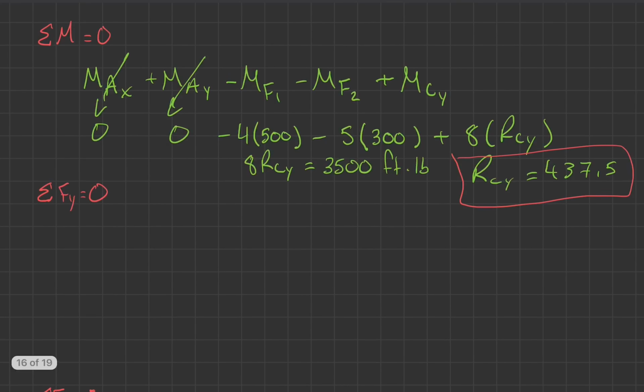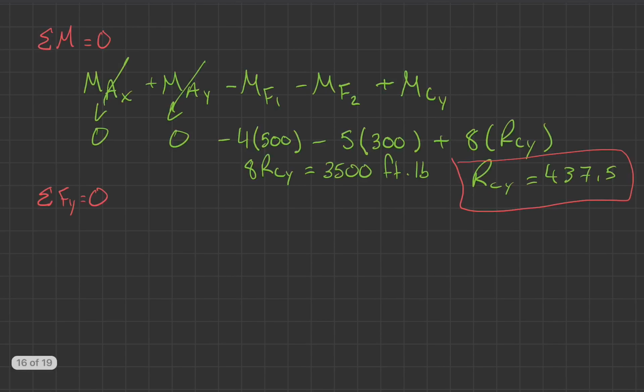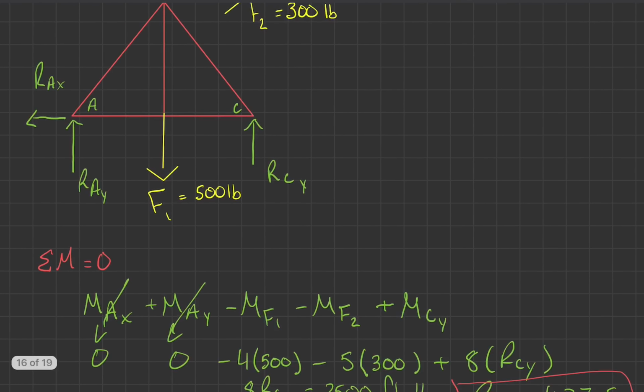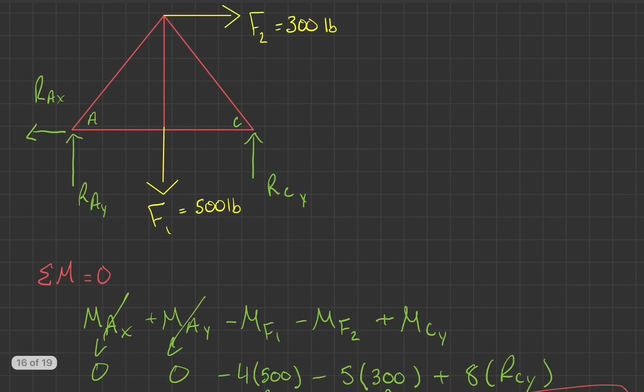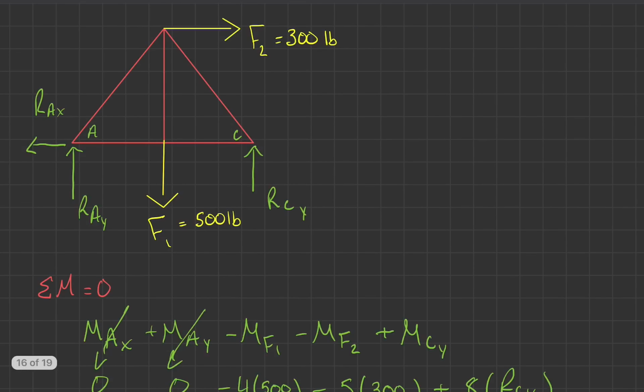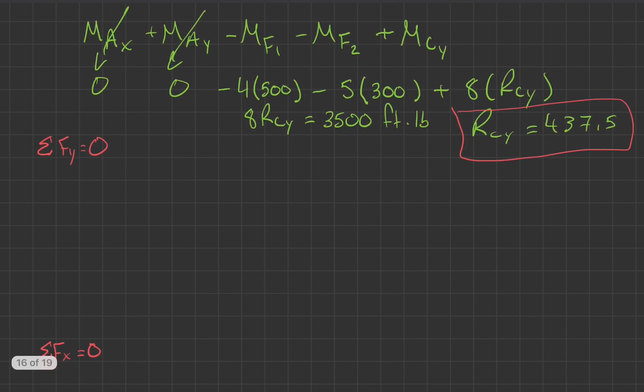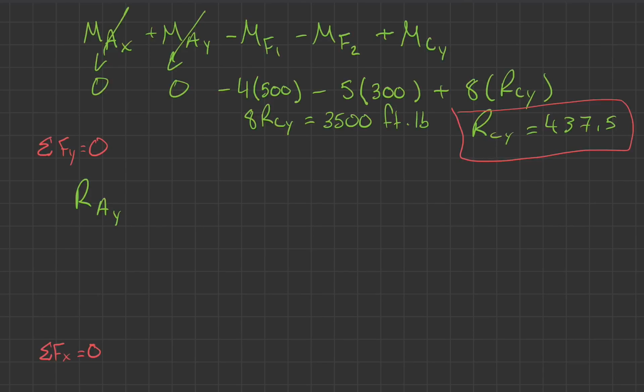Okay, so let's sum the forces in the Y direction, all of our external forces in the Y direction. Those also have to be equal to 0. So the way we drew it we had RAY going in the positive direction, RCY going in the positive direction, and F1 going in the negative direction. So this should be RAY plus RCY minus F1 is equal to 0.